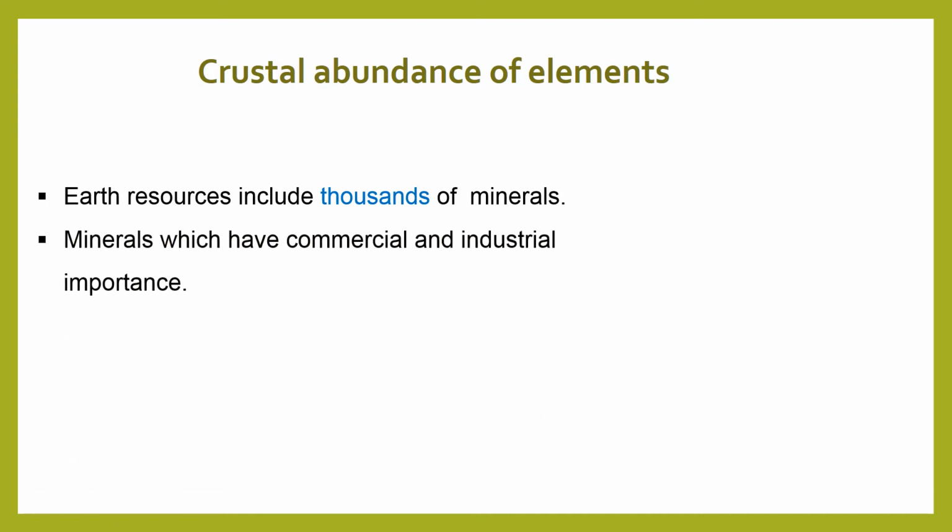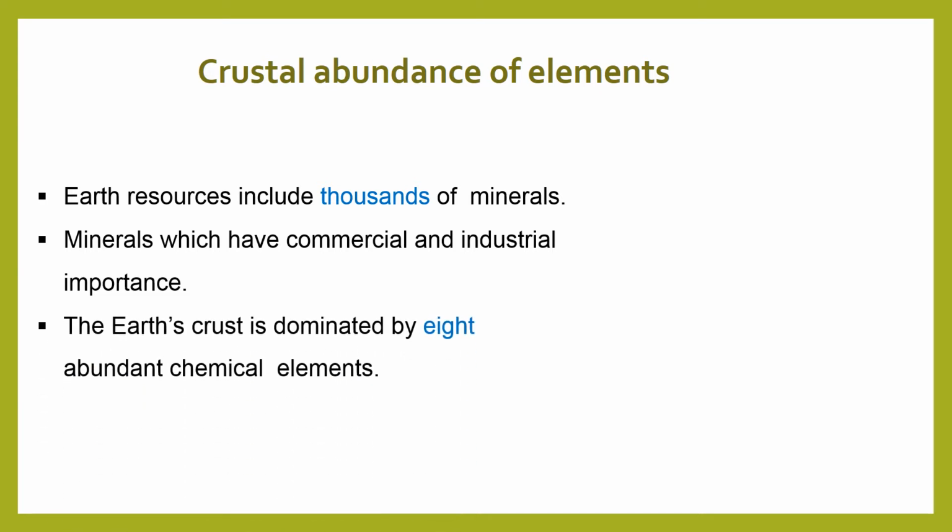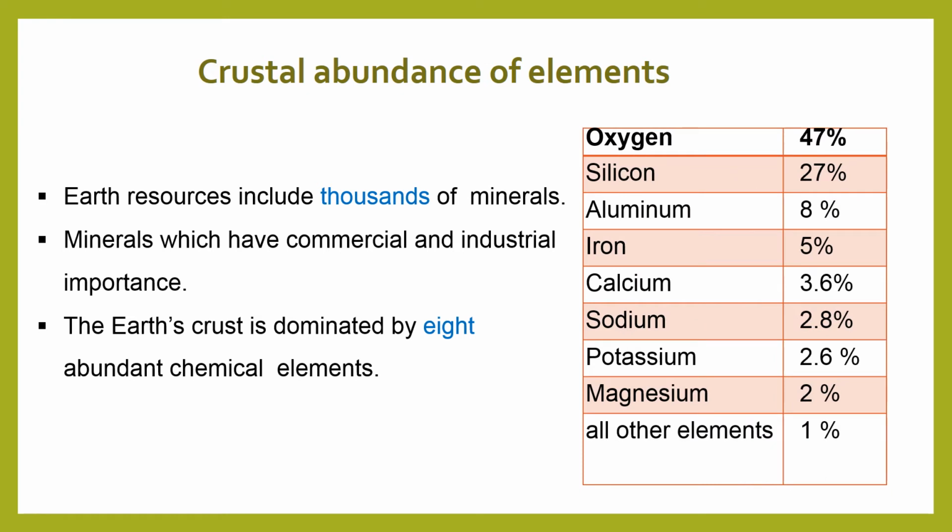These minerals have a very good economic or commercial value in our industrial life, and the Earth contains 8 abundant chemical elements. The important 8 chemical elements are oxygen, silicon, aluminum, iron, calcium, sodium, potassium, magnesium.